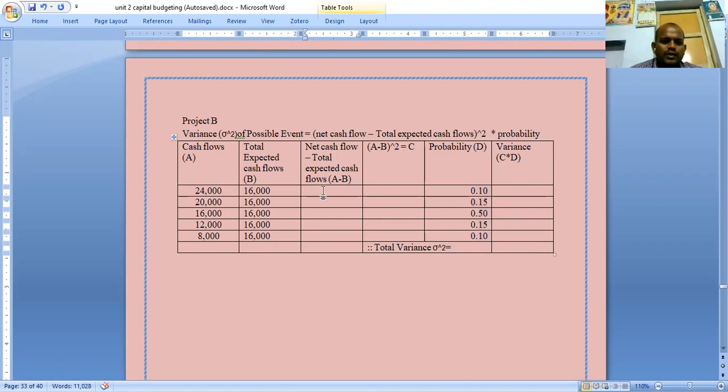Net cash flow minus total expected cash flows. That is 8,000 and 4,000. So 0, minus 4,000, and here also minus 8,000.